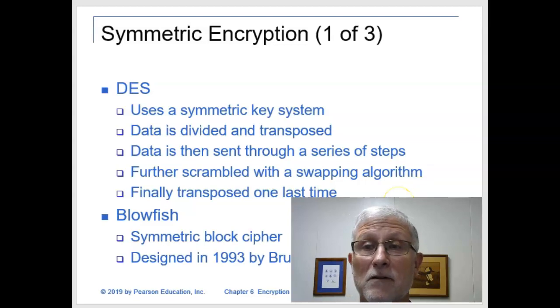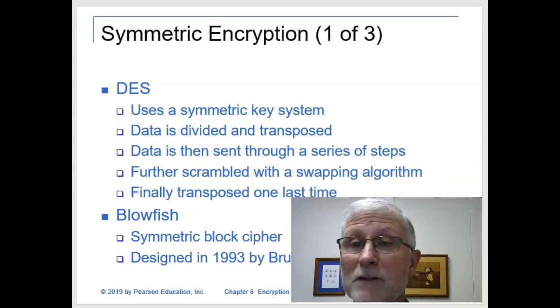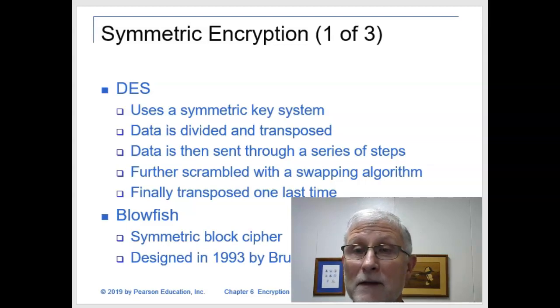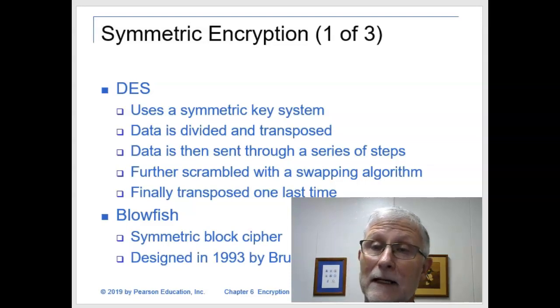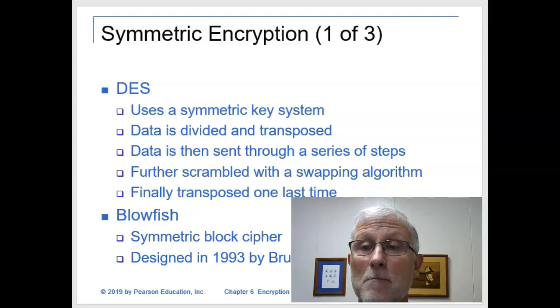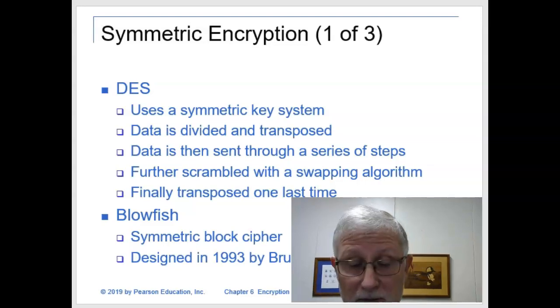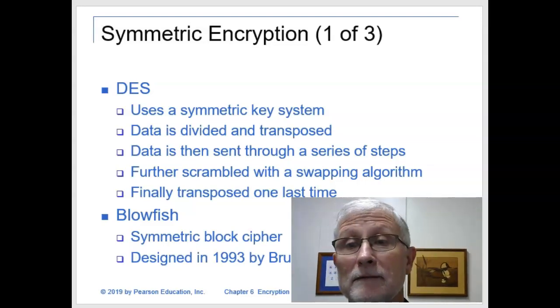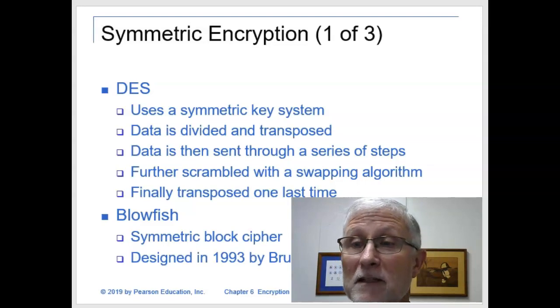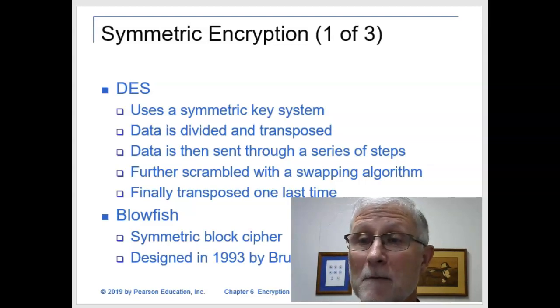Now, symmetric encryption. There's several different types of this. One method is DES. And basically it uses a symmetric key system. The data is divided and transposed. The data is sent through various different steps and scrambled.